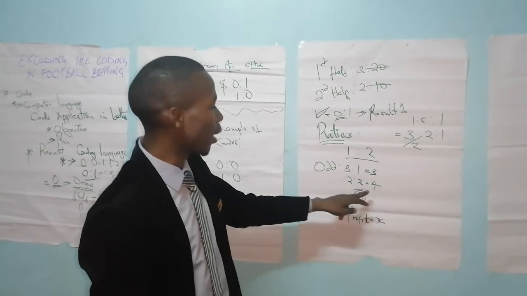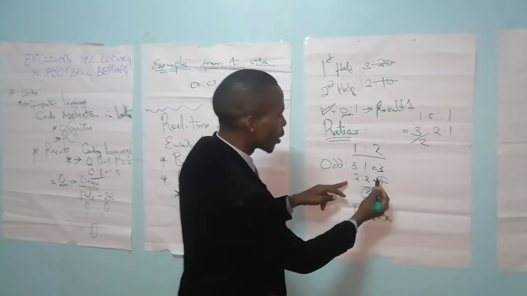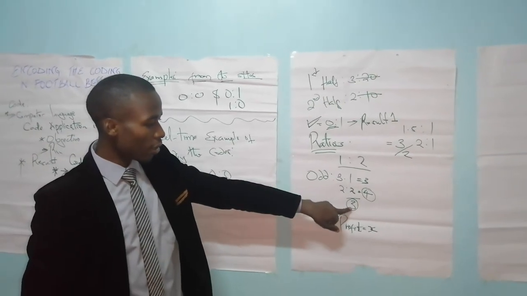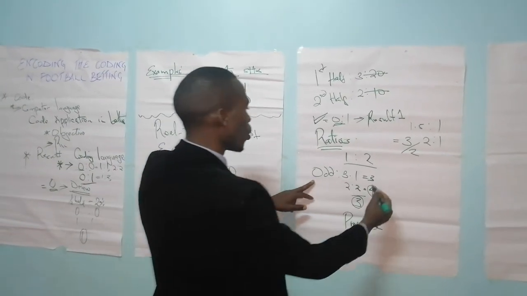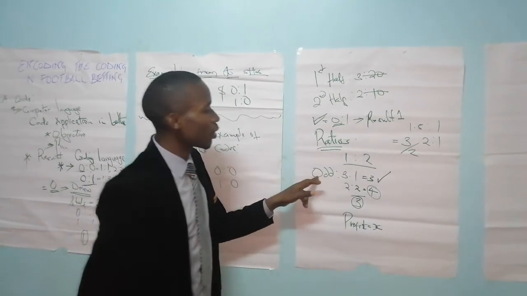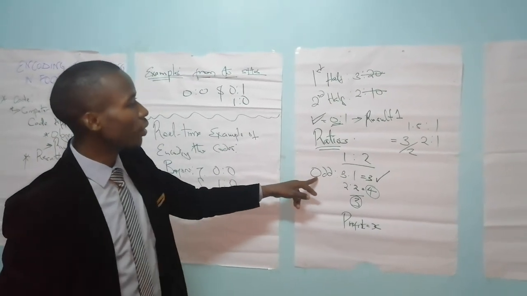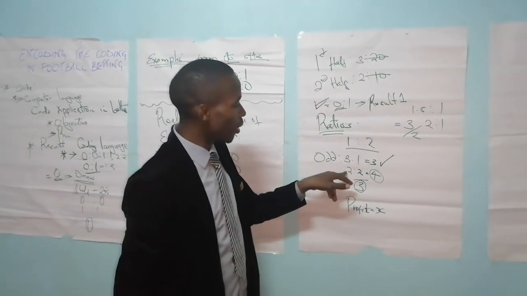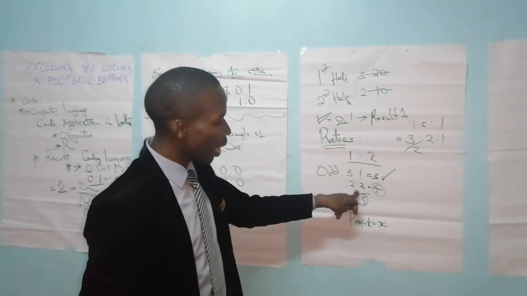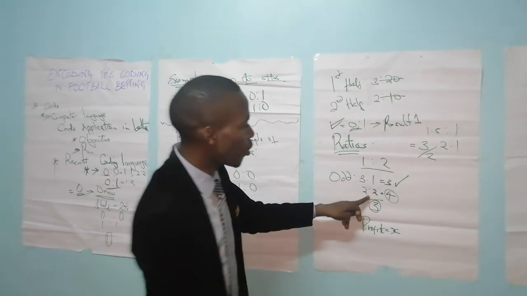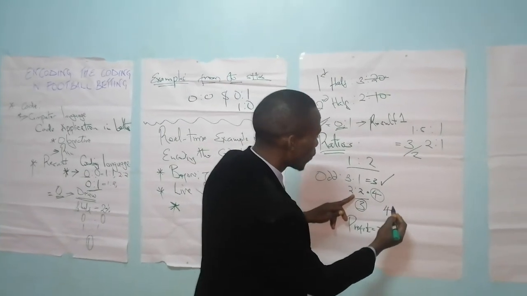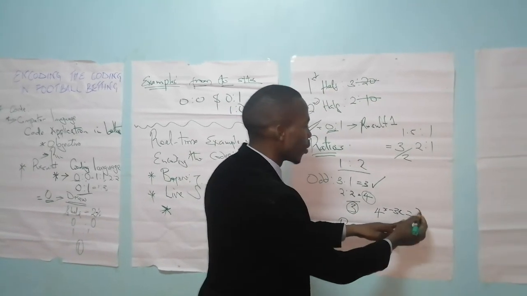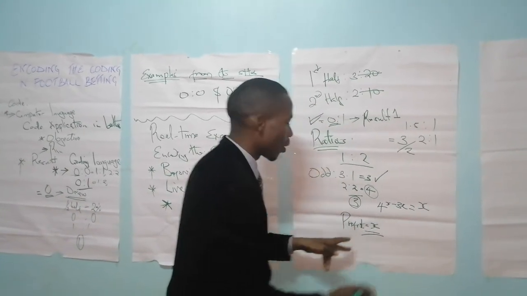Let our profit be x, because this result here gives us 4 and we want a 3. So a 3 has been secured in the first half. In the event no goal is scored in the first half and goals are scored in the second half, we get a 4. So that 4 minus 3 is what we get, x as our profit.